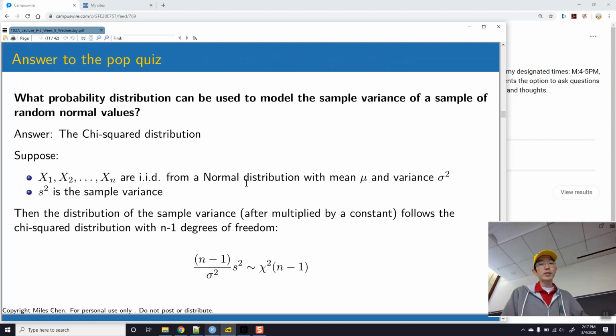So if x are IID from the normal distribution, and S squared is the sample variance, then if you take S squared and multiply it by the constant n-1 over sigma squared, that will come from the chi-squared distribution with n-1 degrees of freedom, right?